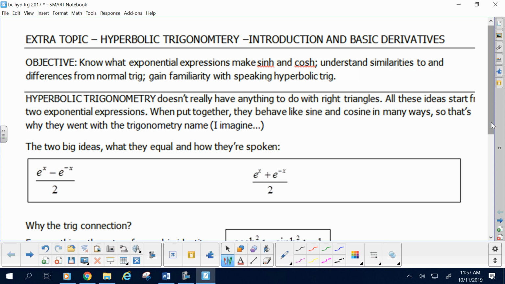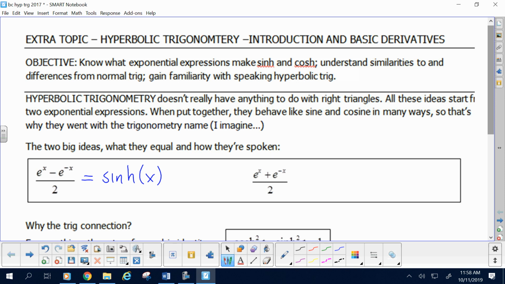If, for example, you took e to the x, subtracted e to the negative x, and divided by 2, then you get what's called the hyperbolic sine. Now, I think I already put this in the box for you, yeah? It's fun to say hyperbolic sine, but most people would say sinh of x, yeah?